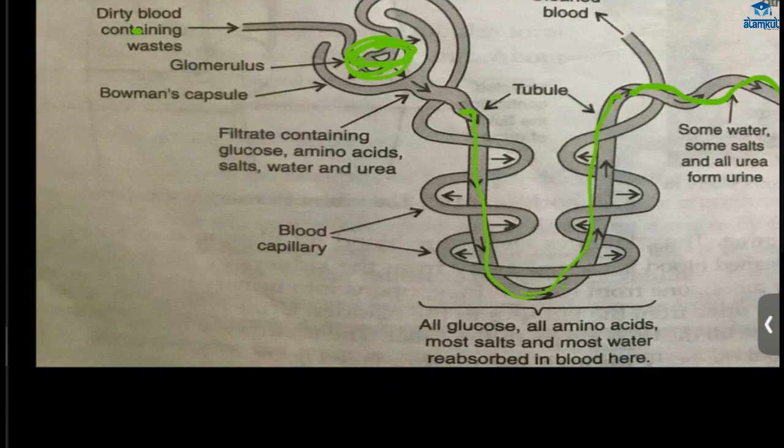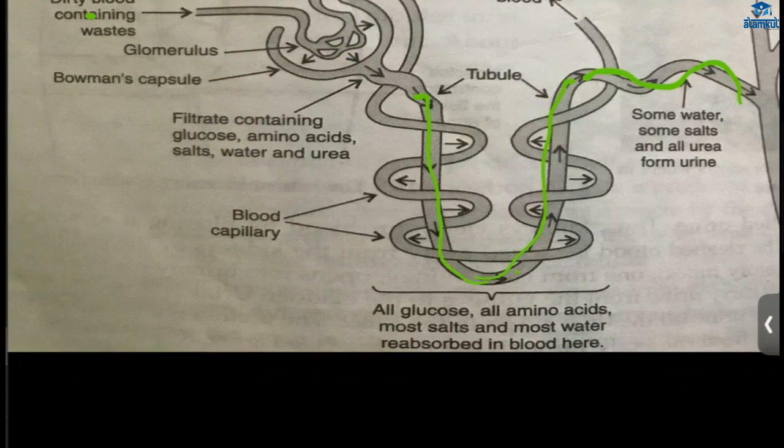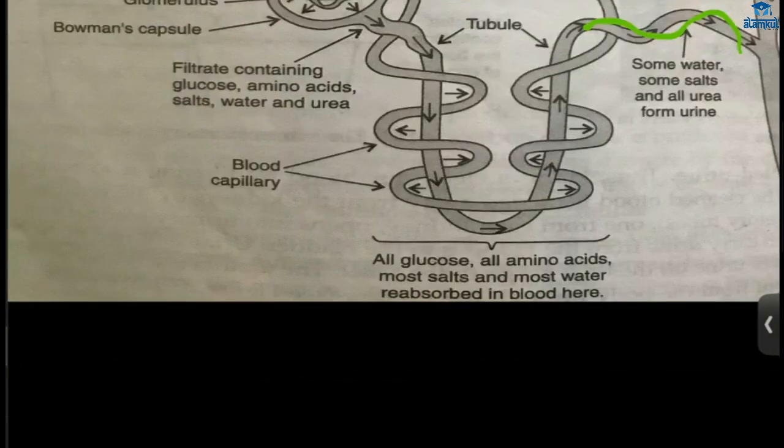Have you seen a filter? It allows some substances to come in and others to stay out. So amino acids, water, salt and urea are collected in the tubules, and the glucose, amino acids and salts are reabsorbed because they are useful substances.